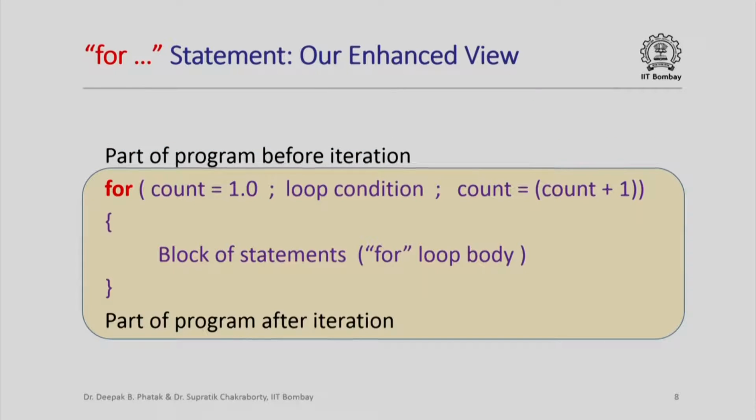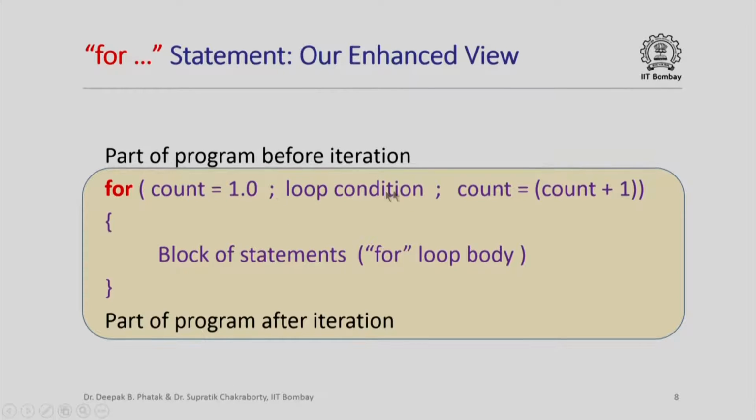So now if we go back and look at our for statement, when we write programs like this with a for loop where I say count assigned 1.0, as part of the initialization code and count assigned count plus 1 as part of the instructions that are to be executed at the end of every iteration, I could view this as a statement which is initializing the value of count to 1, and I could also view this as a statement which is incrementing the value of count.